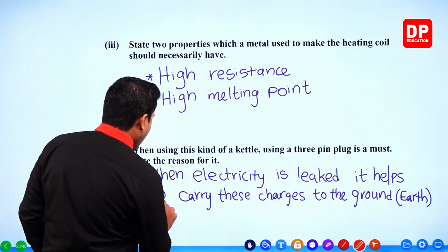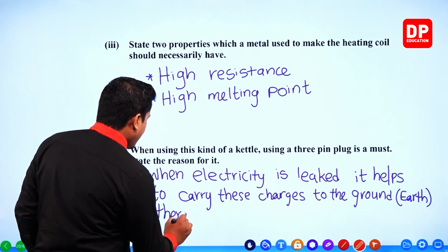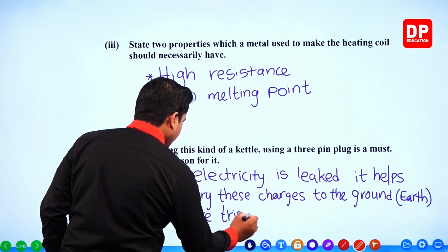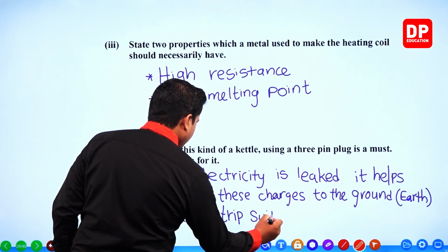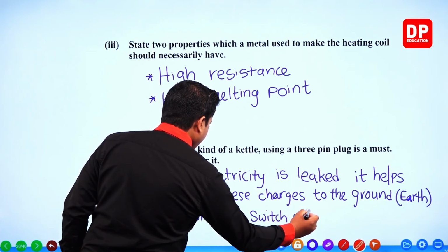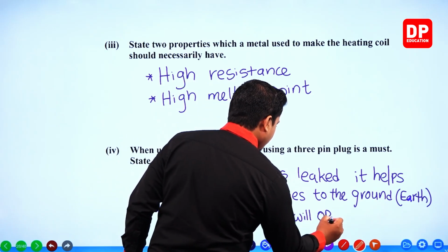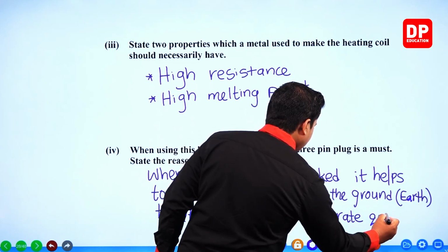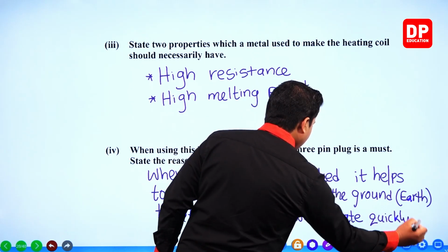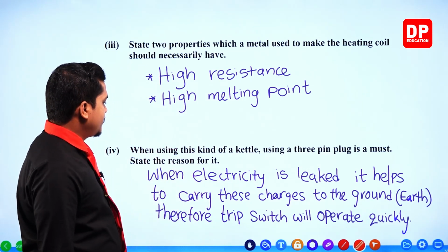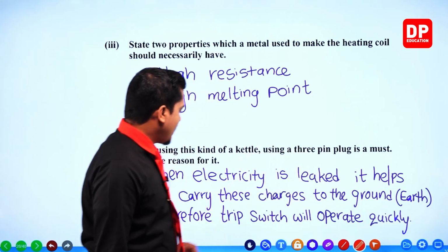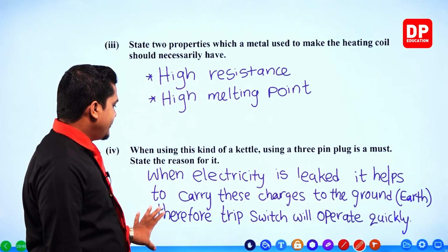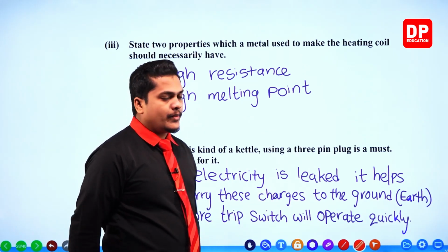Therefore, the trip switch will operate quickly, right?